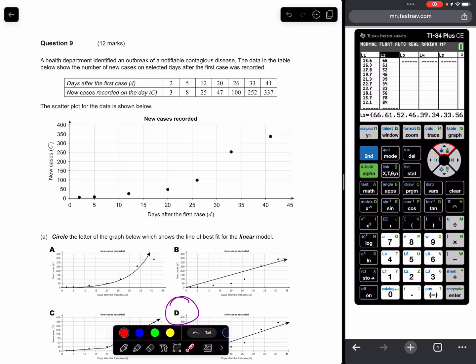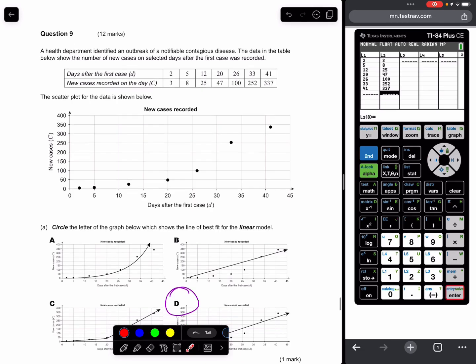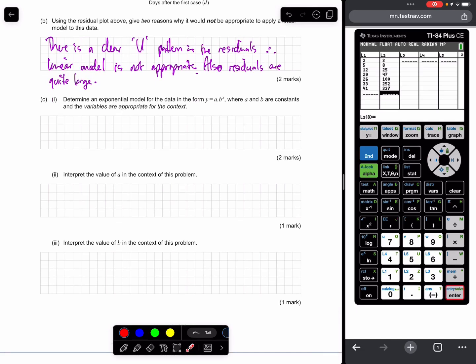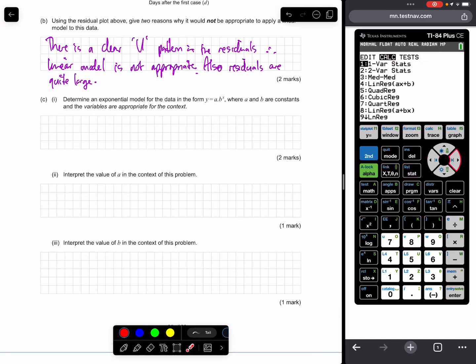Stat, edit, clear, 2, 5, 12, 20, 26, 33, 41, 3, 8, 25, 47, 100, 252, 337. Exponential model. Variables appropriate to the context.